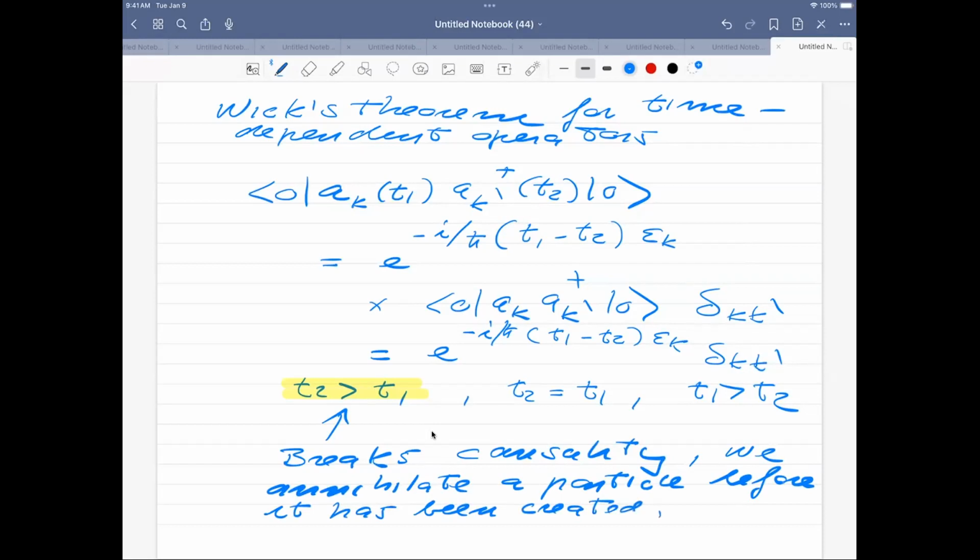So that doesn't make sense. So this leads to a change of Wick's theorem. In order to respect causality, we need to make a change to Wick's theorem.